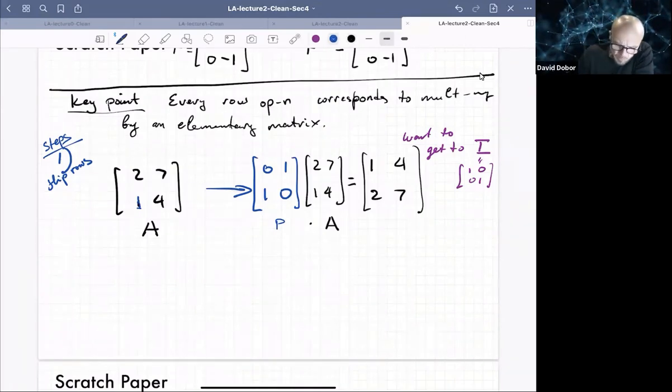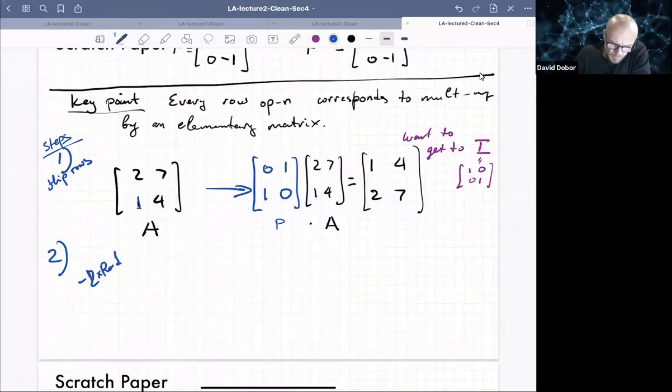Now, step number 2. Subtract twice row 1 from row 2. What's the elementary matrix that does that? I have my PA from the previous step, which is 1, 4, 2, 7.